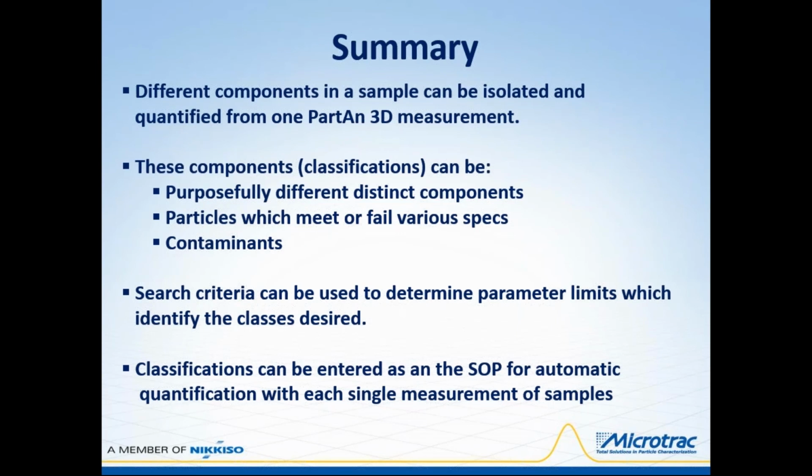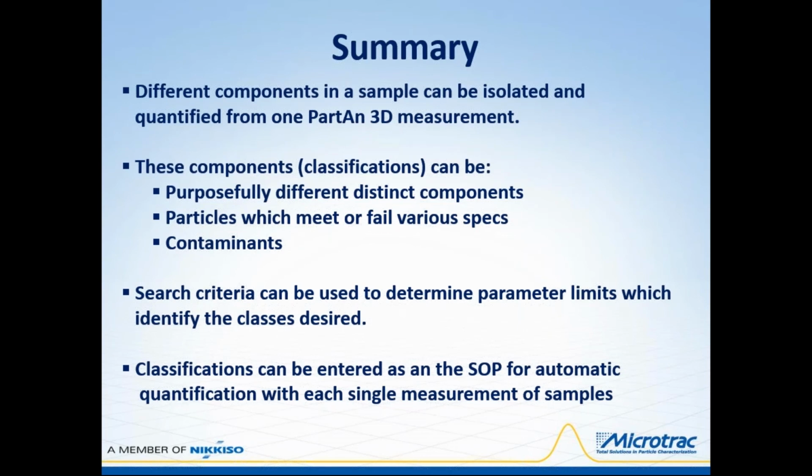To sum up, different components in a particulate sample can be isolated and quantified into subdistributions of that sample from only one PartAn measurement. These different component classifications might be particles that have morphological properties which either meet or fail quality specifications, or they could be contaminants from the process, handling, or packaging, which can be identified by meeting certain morphological criteria.